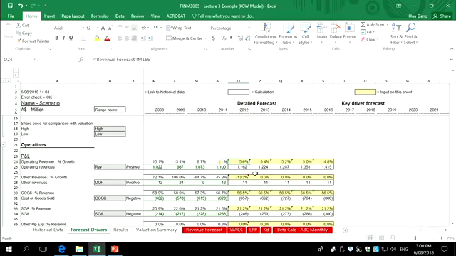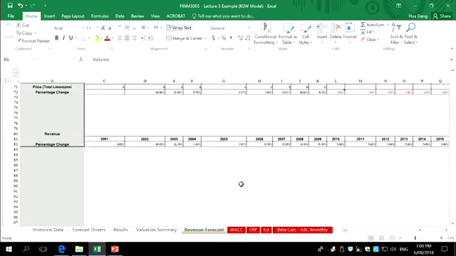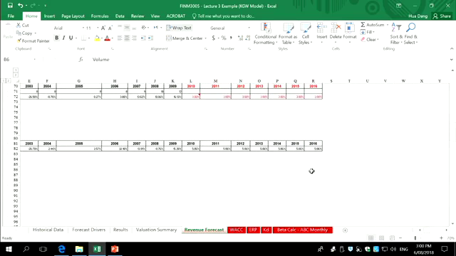So instead of importing a hard number into the operating revenue growth rate here, you may want to link the cells to another spreadsheet, like what they have done in this assignment, of an overall revenue growth rate.